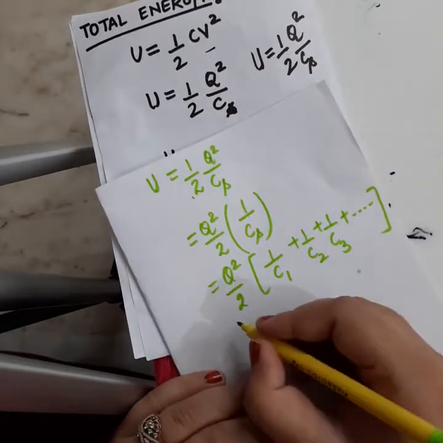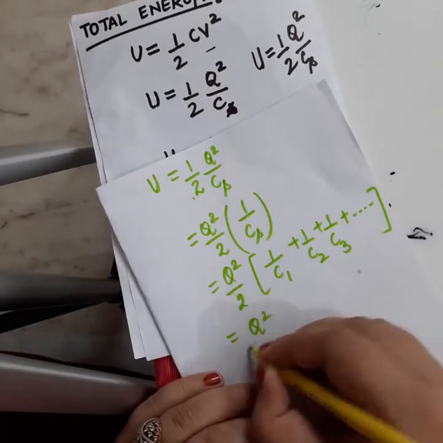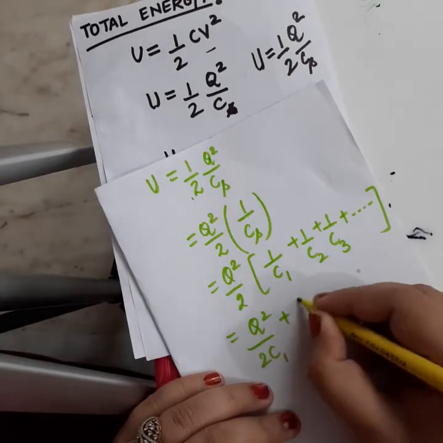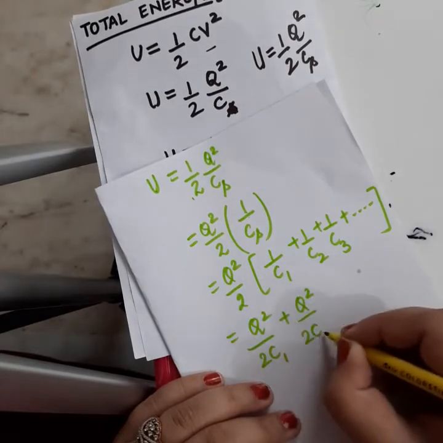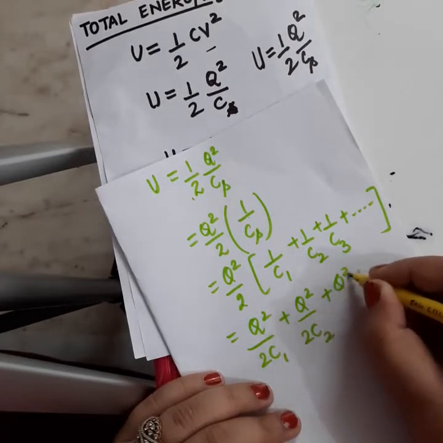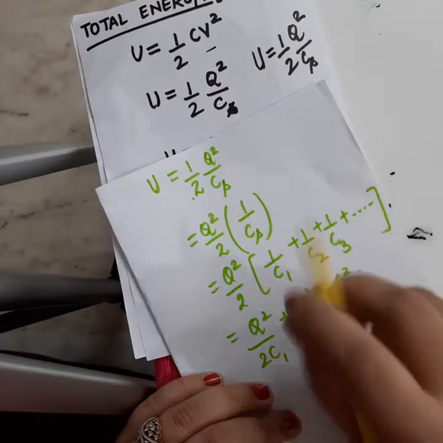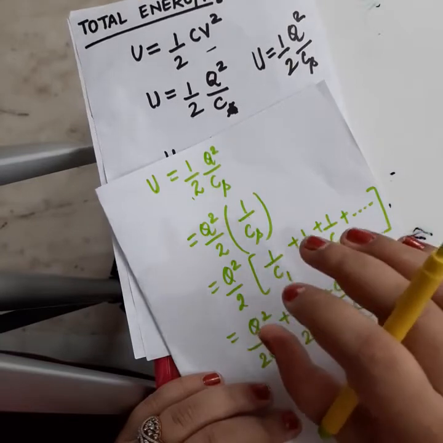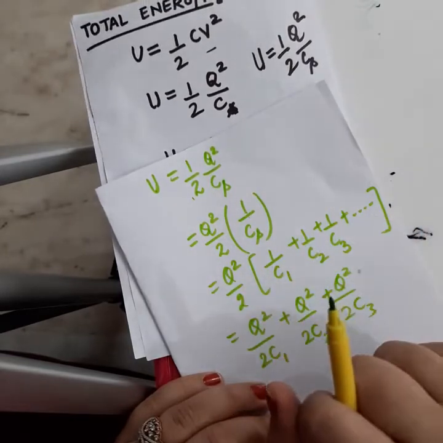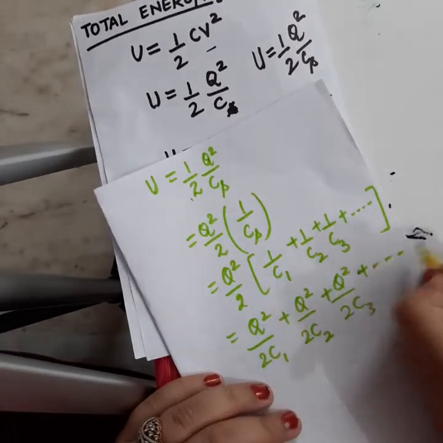Clear? So it will be Q square divided by 2C1 plus Q square divided by 2C2 plus Q square divided by 2C3. Why did I write so on? Because here I am deriving a general result for n capacitors.